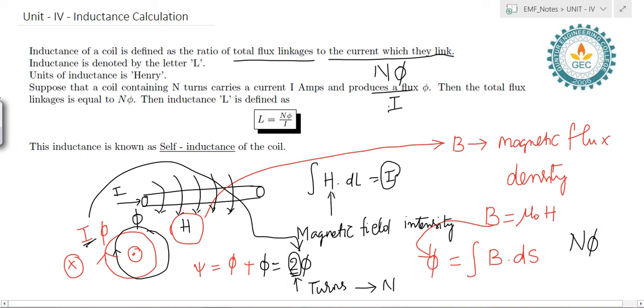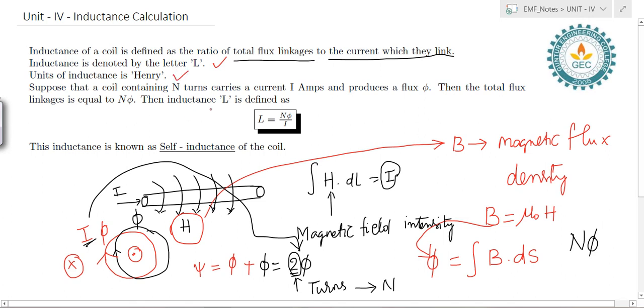So N phi by I is defined as the inductance of the coil. Inductance is represented with the letter L, and the unit of inductance is Henry.